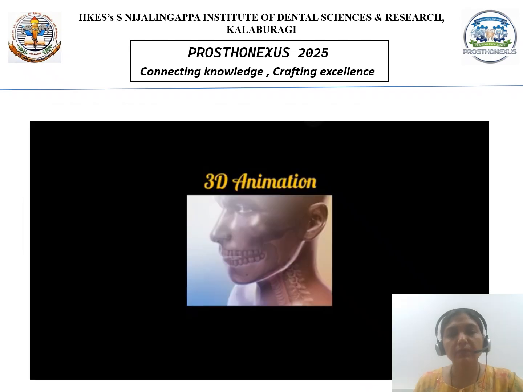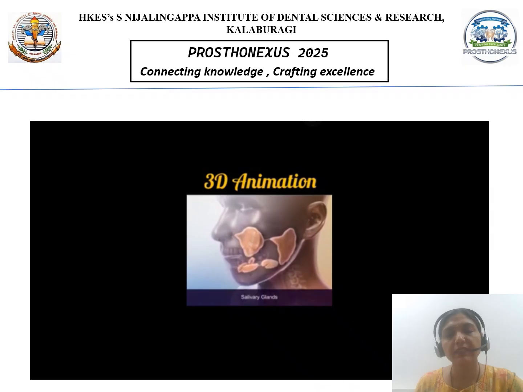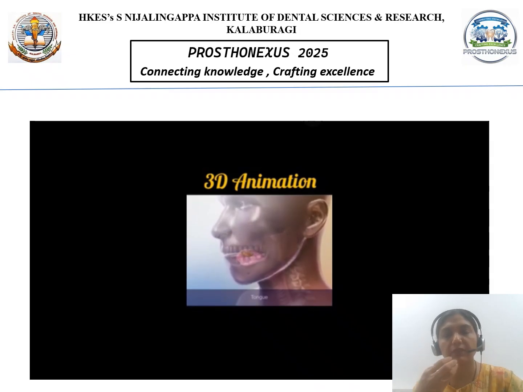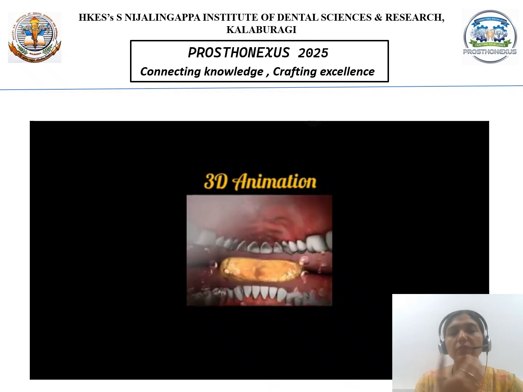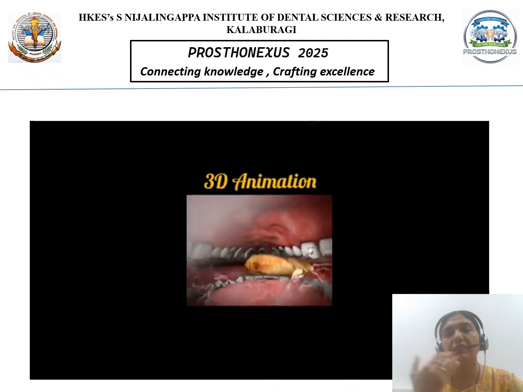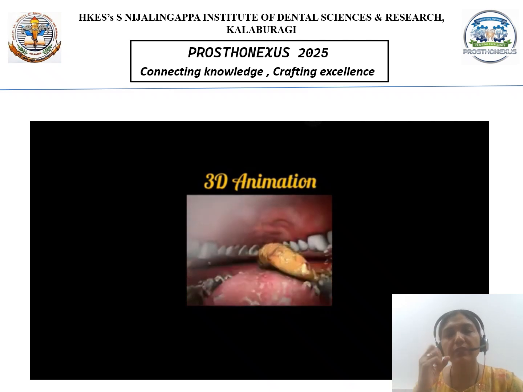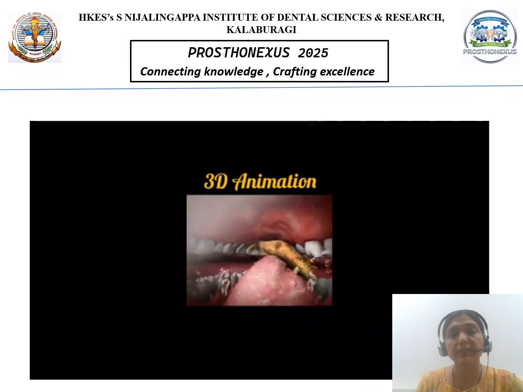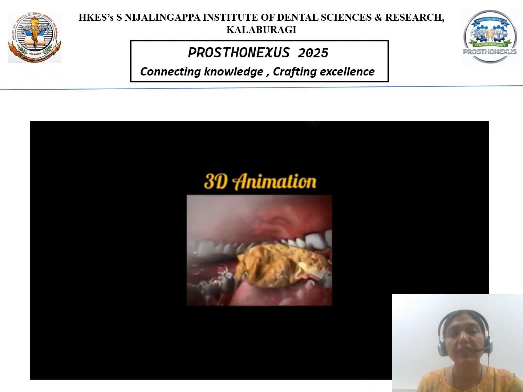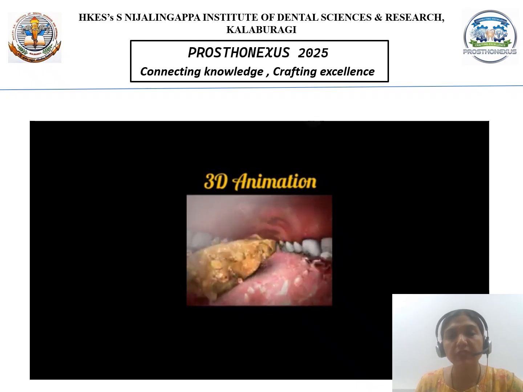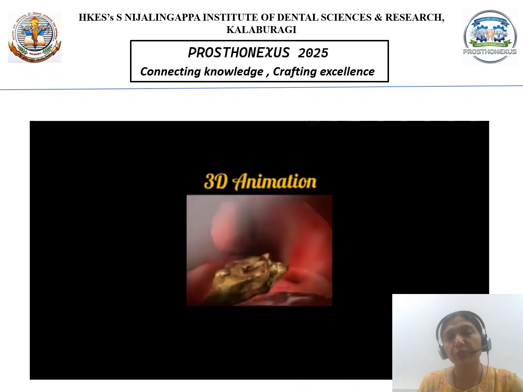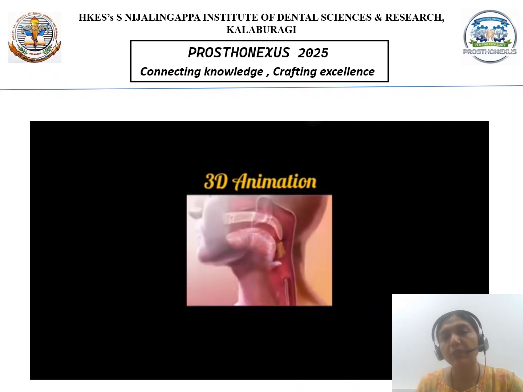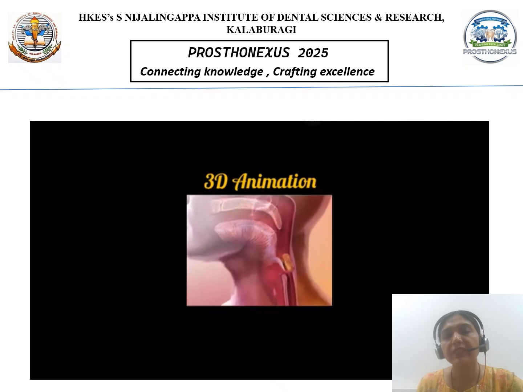This is a video which shows how the food is ingested, and how it is taken over by the tongue from the anterior surface and transferred to the lateral surfaces, the posterior area, and how the food is crushed. You can see how the tongue is lifting itself and pushing the food bolus on either side of the occlusal surface of the posterior teeth, and from there how it is pushed to the oropharynx region.